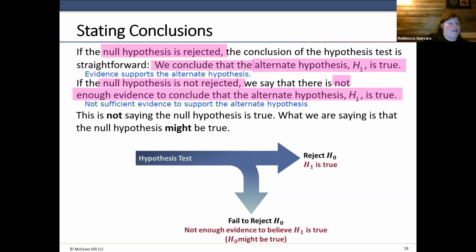However, the null hypothesis might be true, is what you're saying. We're never going to make any statement that backs the null hypothesis as the true statement. We're just going to say either it's outright false, or we're going to go the other way, which is it might be true. It's one or the other.